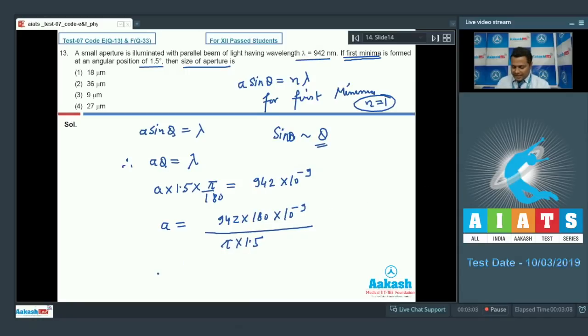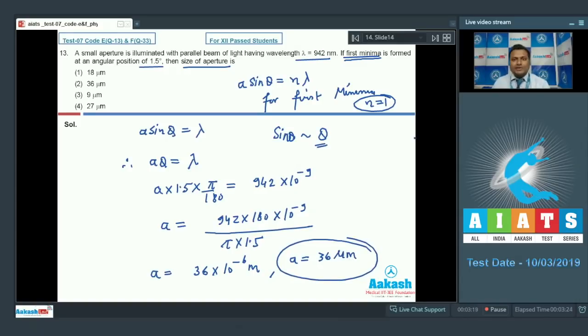After solving, we will get A, the size of aperture, as 36 into 10 to the power minus 6 meter, or we can write A as 36 micrometer. After looking at the options, we can say that we have to go with option number 2. Option number 2 will be absolutely correct. Now let us proceed to the next question, that is question number 14.